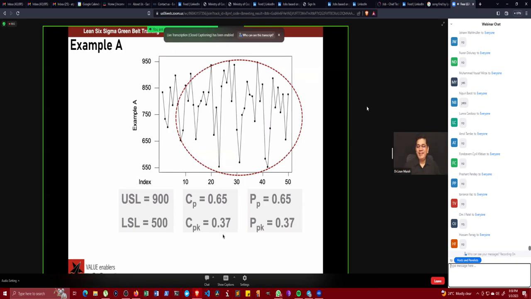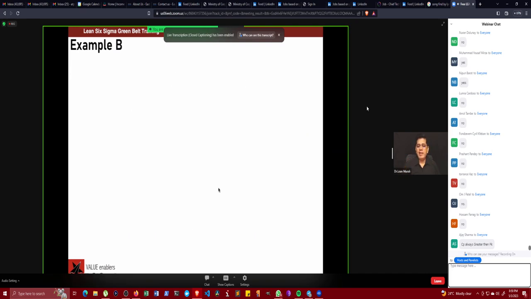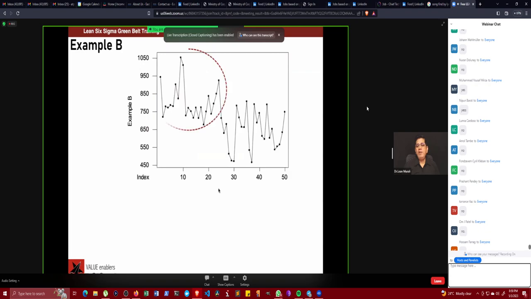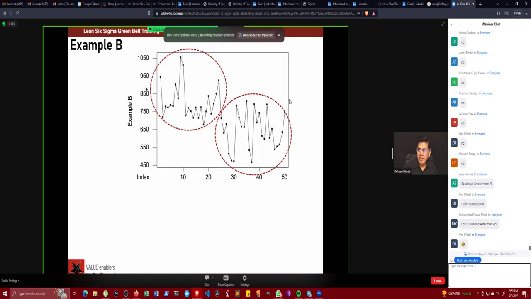For example, this is an indication of the stable process on target with large variability. Don't worry about it. In this example, if you see, this is one. Now it has shifted. It has drifted. When it is shifted and drifted, the PP, the performance will come down. Here the capability is good. Variation is less.